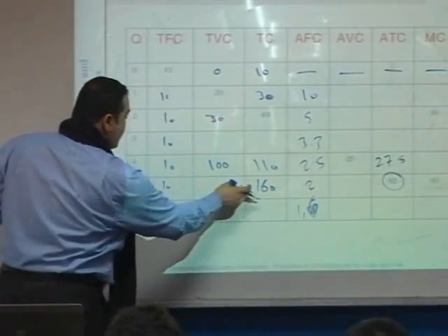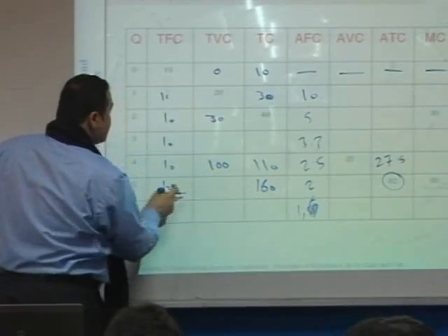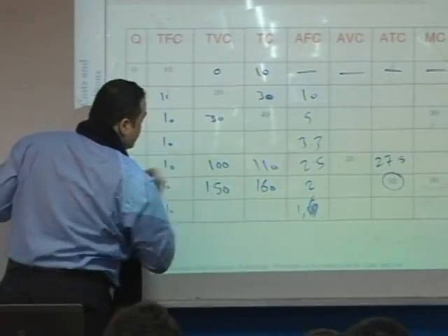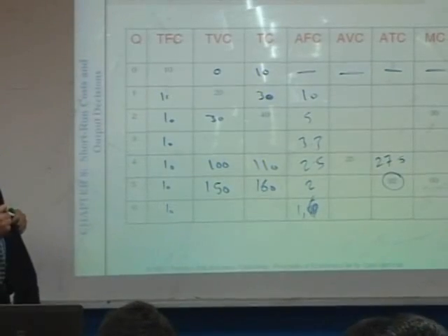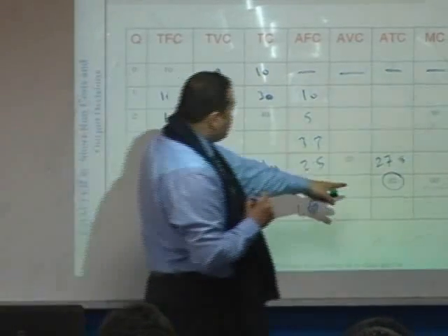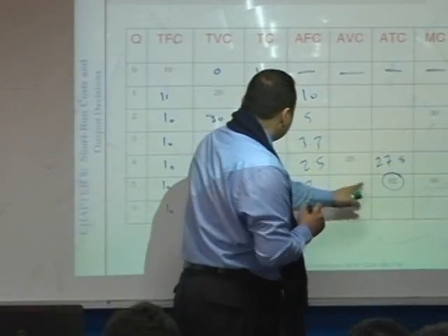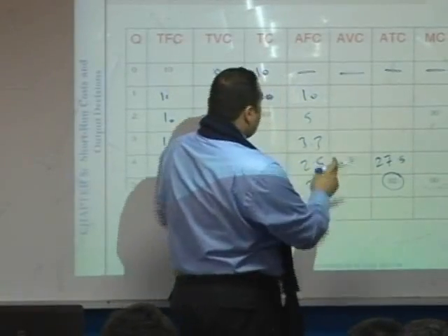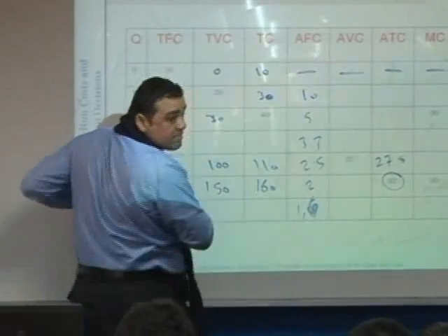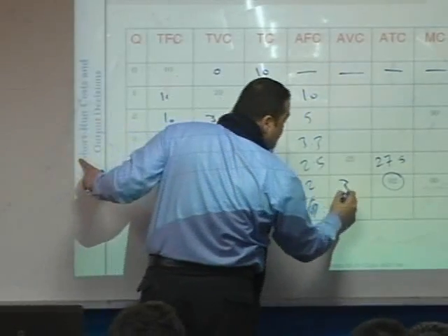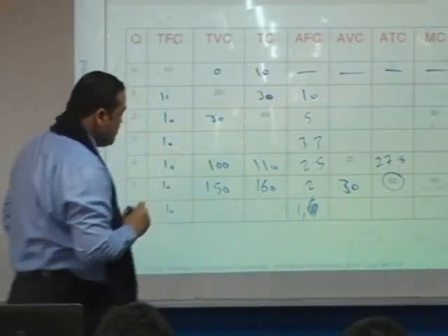So the total variable cost equals total cost minus TFC, 150. What else? AVC at this point? Yes, because AVC equals ATC minus AFC. It should be 30. Right?